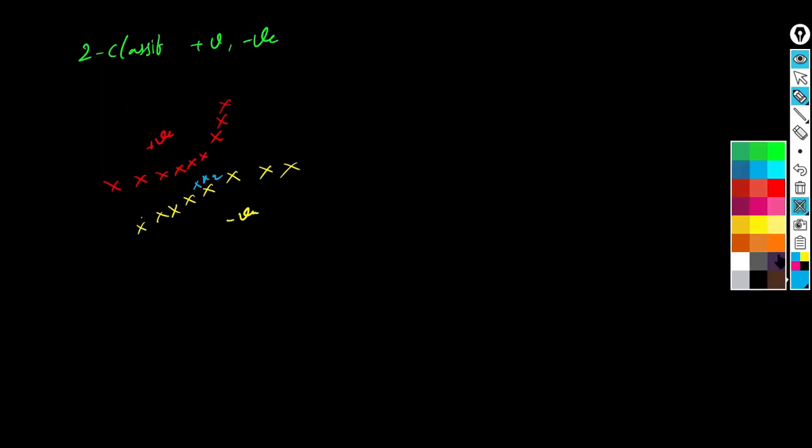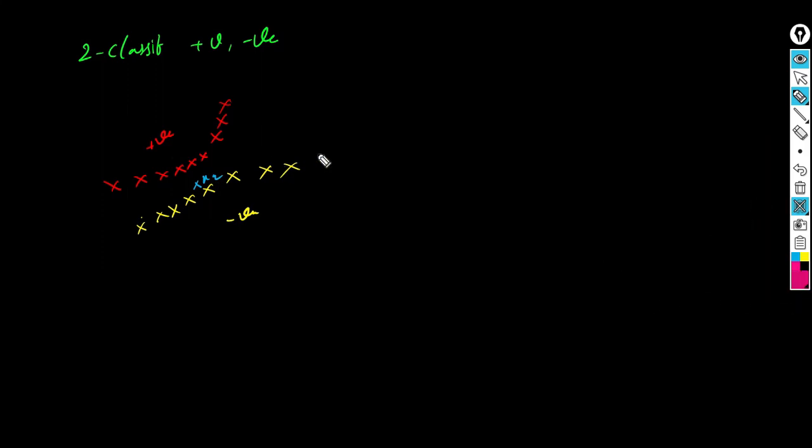Now consider K is 5, an odd value for now. We will find the nearest 5 points. Here we can observe that these 3 points are close and these 2 are from the negative class.